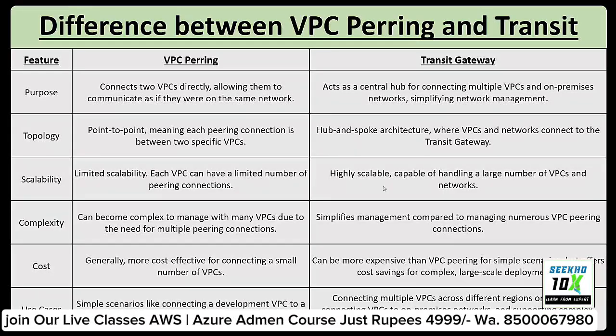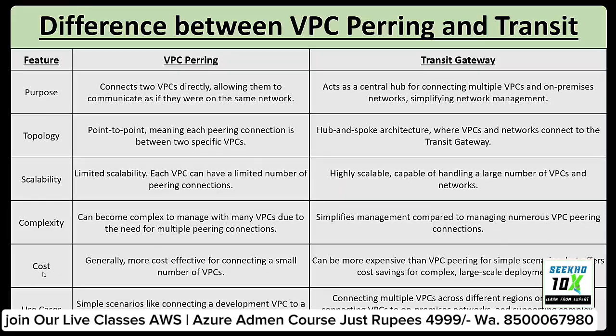Transit gateway is highly scalable, capable of handling a large number of VPCs and networks. Complexity: VPC peering can become complex to manage with many VPCs due to the need for multiple peering connections. If you have more VPCs, then you need to create more peering connections, so it will be very difficult for you to manage, whereas the transit gateway simplifies management compared to managing numerous VPC peering connections.